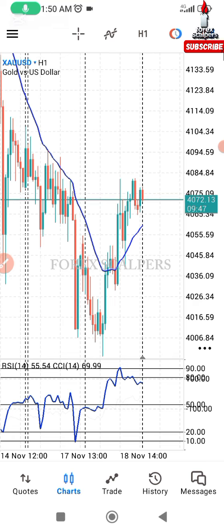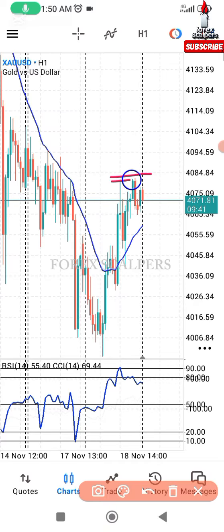Okay, now look at exactly what we are having here. Look at this. Price is giving us this, right? And we are even having a divergence here. So what do we want to see? Bearish engulfing candle. So this is one of our sell entry confirmation.